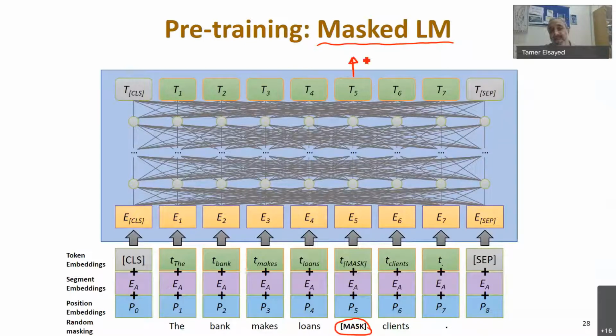It will give me embeddings for that, an indication that this word should be "to". So that's what I want the network to learn. I want to mask one or some of the words in a sentence, and then the model will tell me which one I masked.